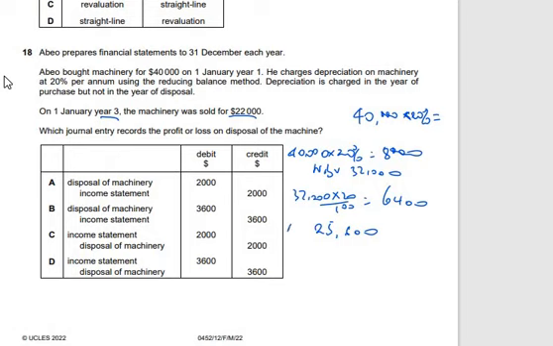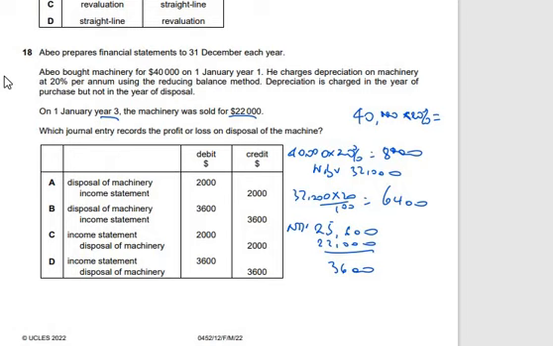And we are told that it was sold for 22,000. This is the net book value, and it was sold at less than the net book value. So there was a loss. The loss is the difference between 25,600 and 22,000, so the loss is 3,600.